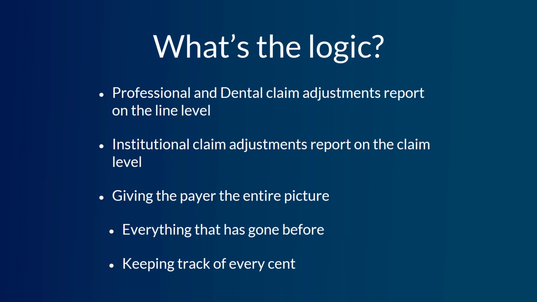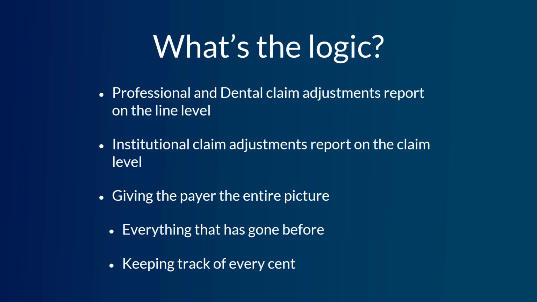Now, I should mention that is true most of the time. There are some cases in which institutional claims will report on the line level. If that happens, then in those cases, go ahead and report adjustments and everything on the coordination of benefits claim on the line level as well. It just has to match line level to line level or claim level to claim level.